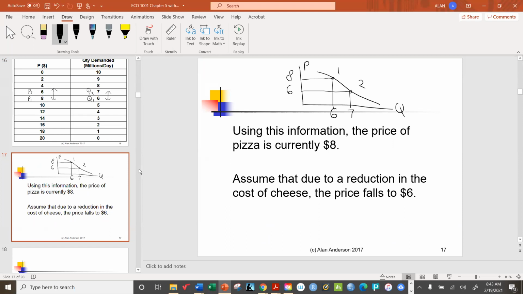So we know that, like I said, P1 is 8, P2 is 6, Q1 is 6, and Q2 is 7. And we can now plug these numbers in and come up with a price elasticity of demand. All right.